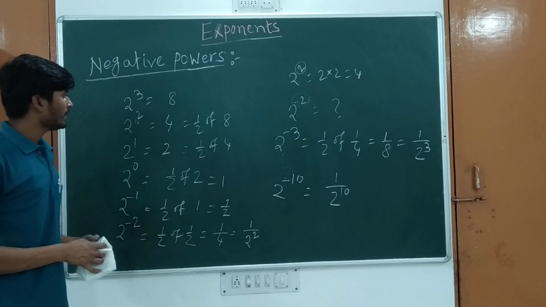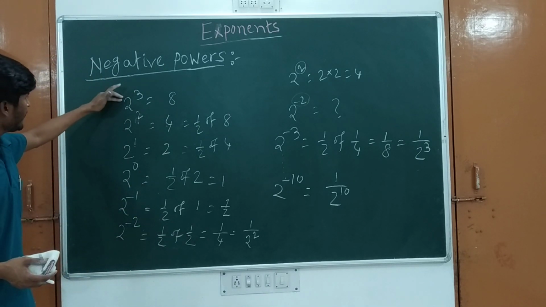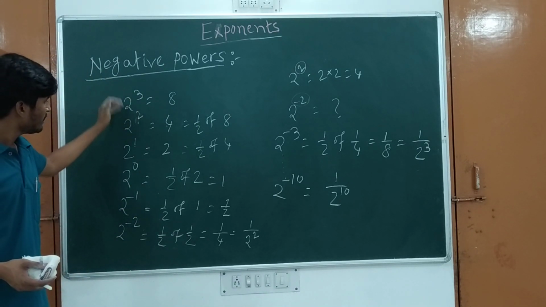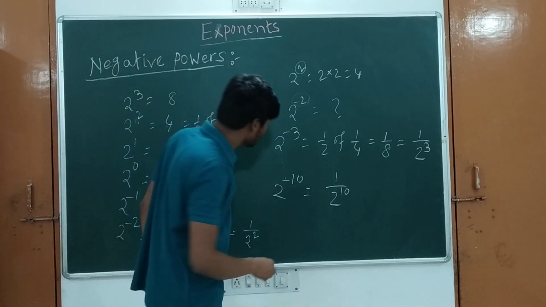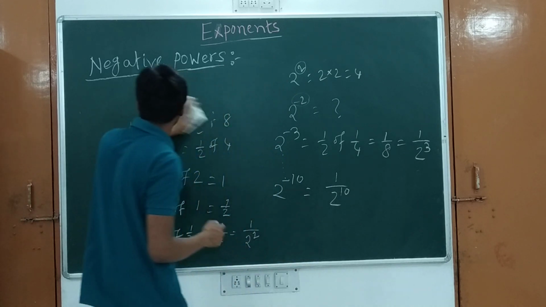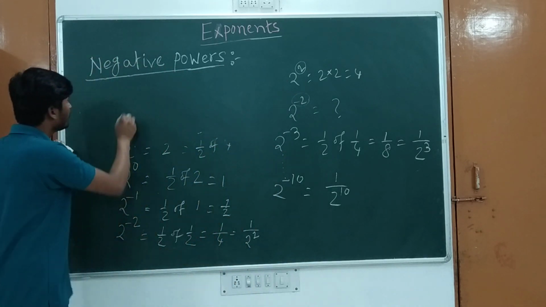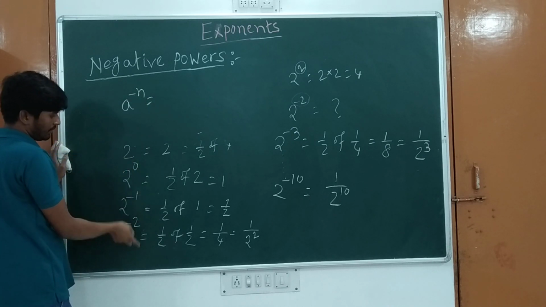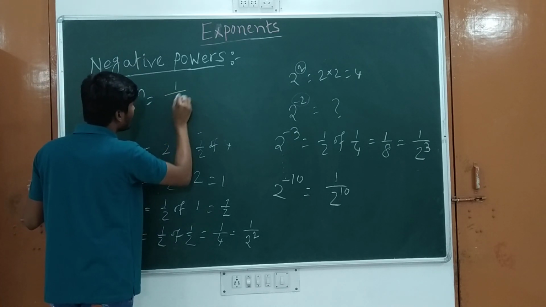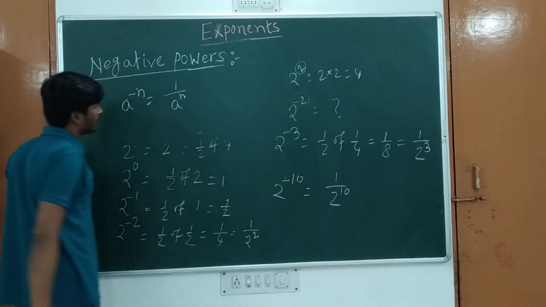Here 2 is not special. If this is a, then 2 will be replaced by a. So from here we can conclude in general that a to the power minus n equals 1 by a to the power n.